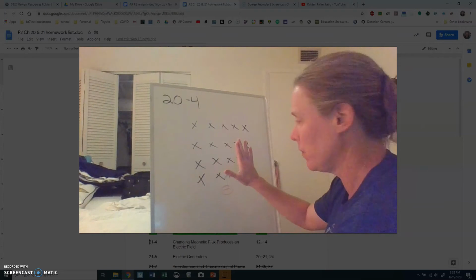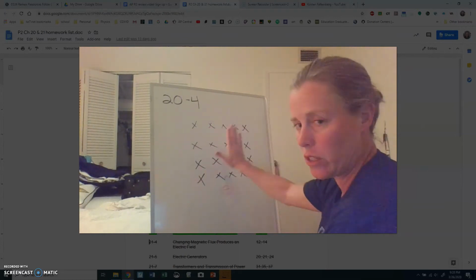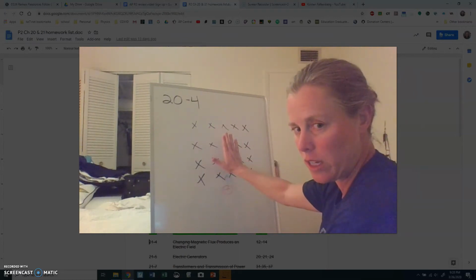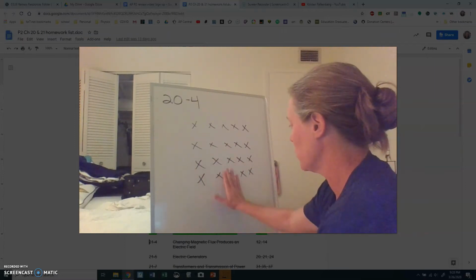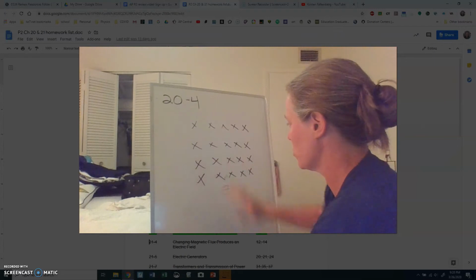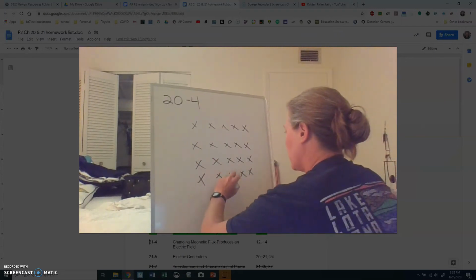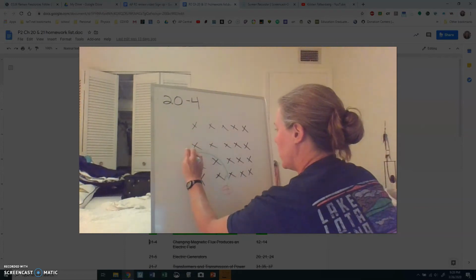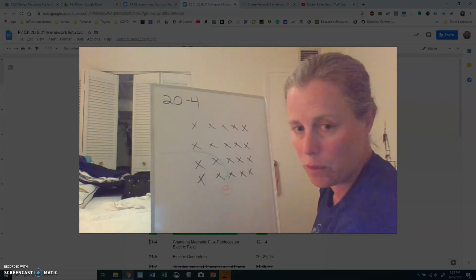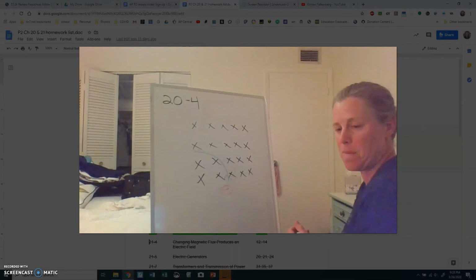So my right-hand rule, my field is into the page, the x's say into the page. My direction of conventional current, my positive charge, is at the field, so my force is to the left, and I'm going to get curved motion while it's in the field. And then it'll go off straight once it has exited.